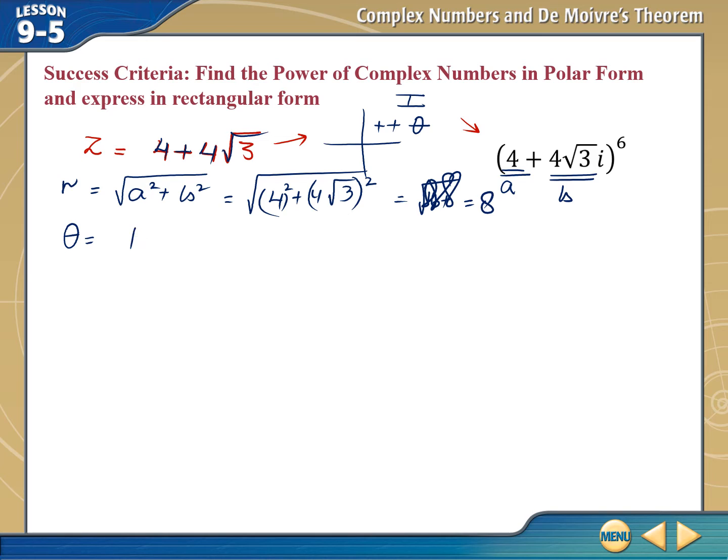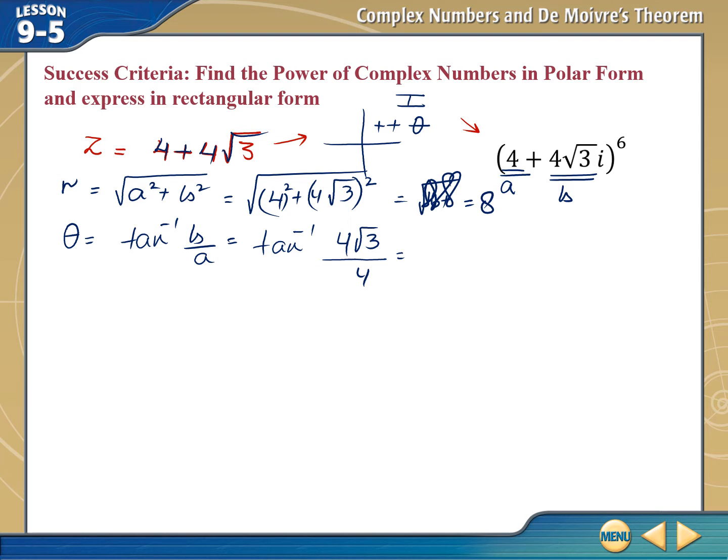Now find out what our argument equals. So theta equals, we know, tan inverse of b over a. As I said to you, we have to take all the a and b values as positive while finding the argument. Here it is by luck already positive. So 4 square root of 3 over 4.